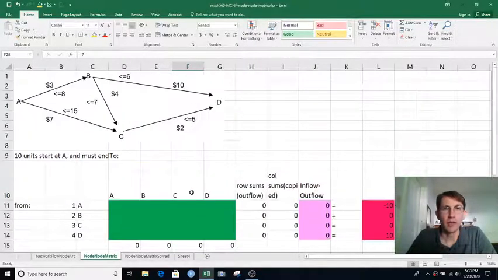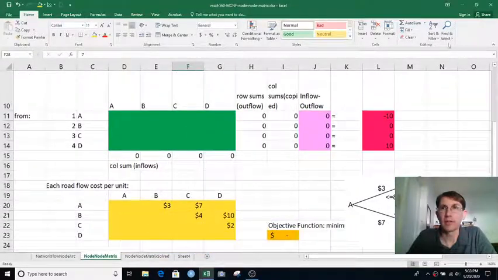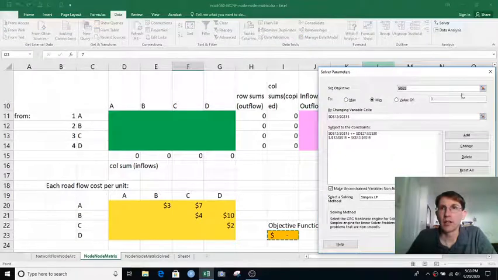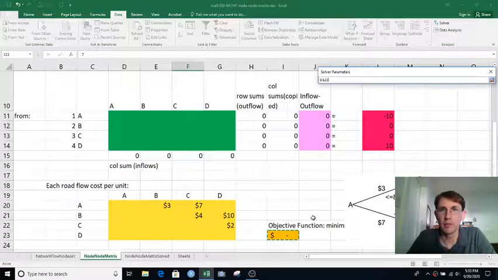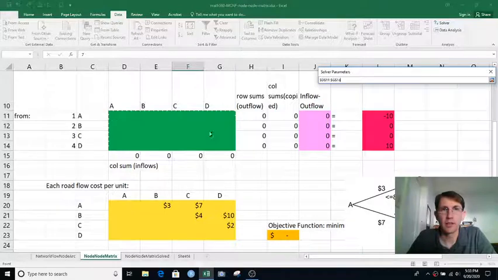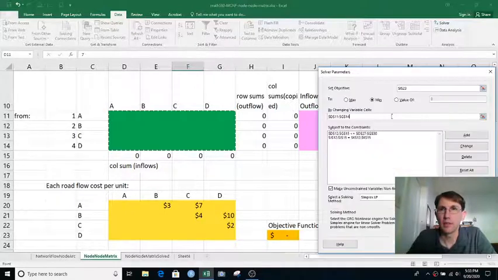So time to do Solver, I think. Let's start up Solver. It has something here that I entered before, but it might not be right now, so let's be careful about it. So I want to minimize that by changing these cells. And let's just be safe and delete those.